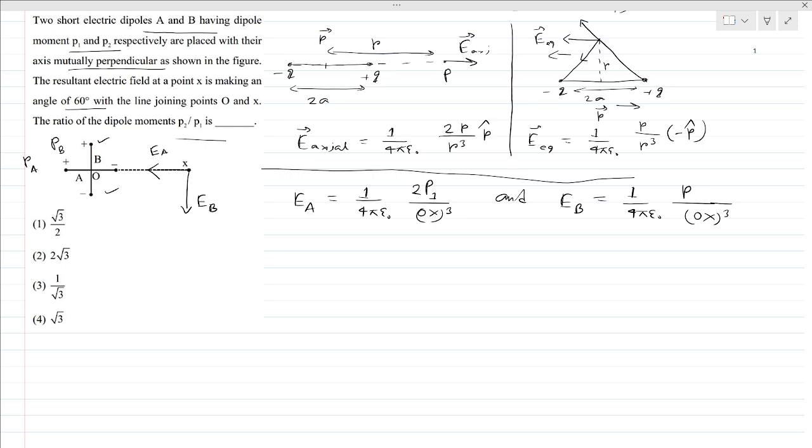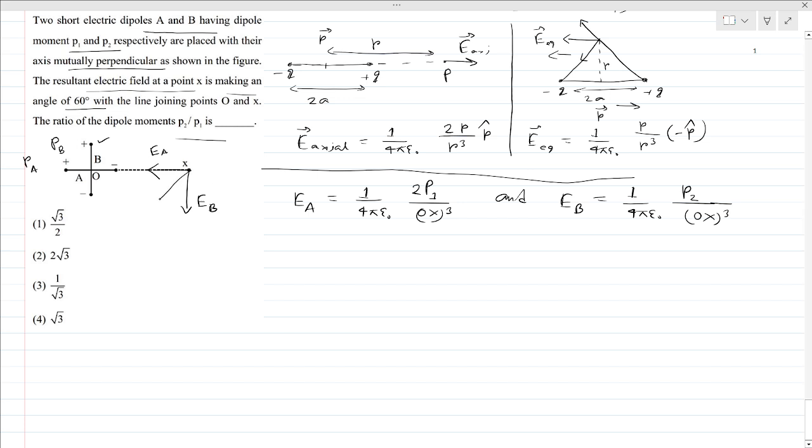Now, what do we have to calculate? We need to calculate the ratio of the dipole moments, that is P2 by P1. To do that, we can easily write EA by EB, with P2 for EB. Before that, we want to see that the resultant electric field at point X makes an angle of 60 degrees.